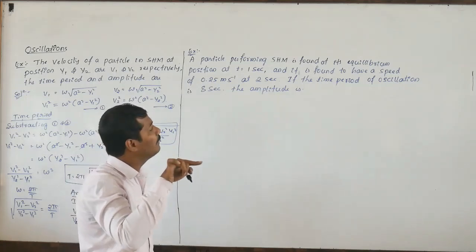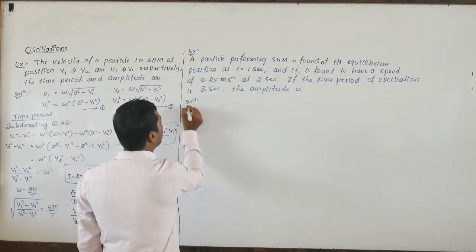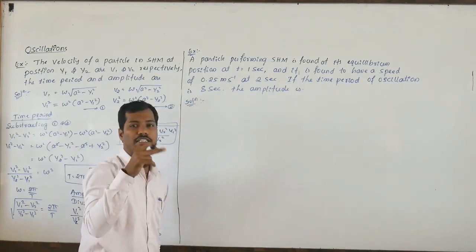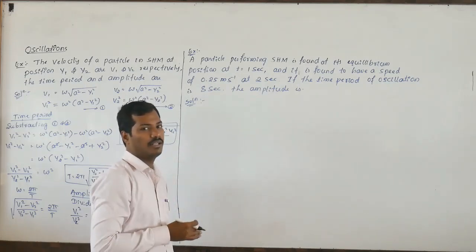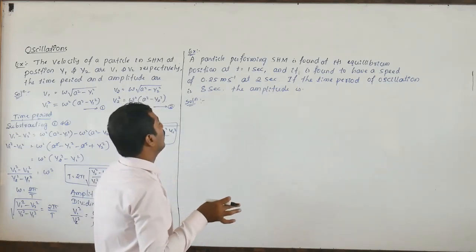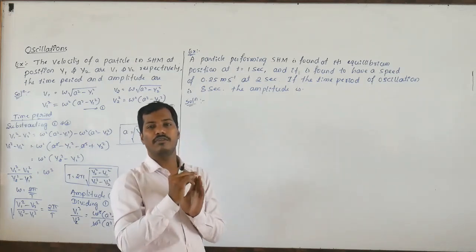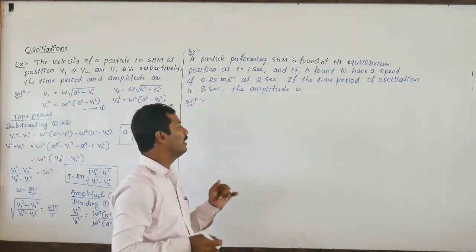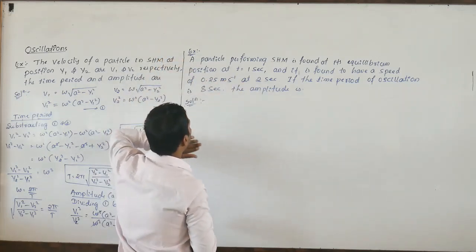What is the displacement at the mean position? The displacement at the mean position is always 0. The displacement at the extreme position is maximum, but the velocity at the mean position is maximum and the velocity at the extreme position is minimum. So the displacement at the equilibrium position is 0.